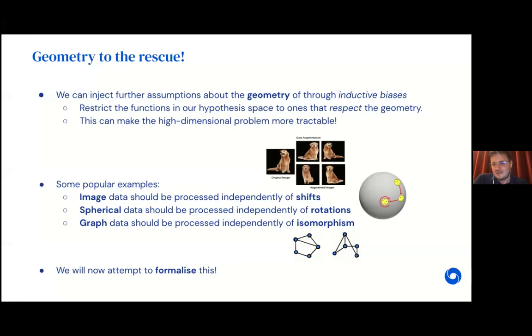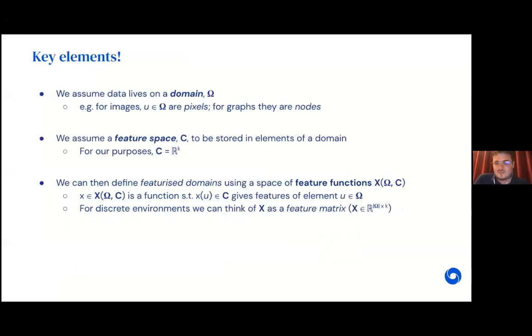And what we actually want is, when two graphs are isomorphic in this way, we would want our graph neural network to give us exactly the same outputs for these two different graphs. So clearly, there's a lot of very interesting information about the geometry of data that we can exploit to make the space of possible neural networks smaller and therefore easier to control. And what we're going to be doing throughout the book and throughout this talk is try to formalize this, try to make it a bit more formal.